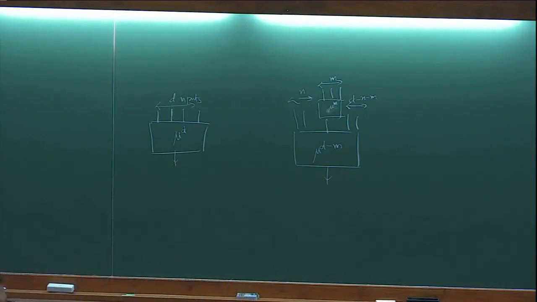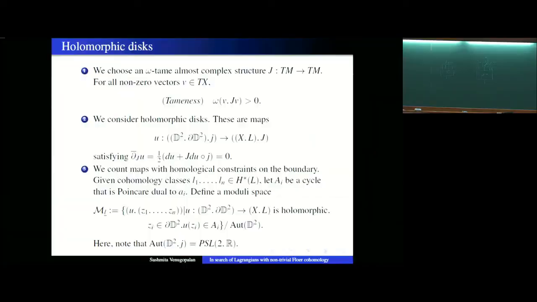Okay, now I go back to the symplectic manifold. So what we have here is a symplectic manifold, and in order to define holomorphic disks, I need an almost complex structure. So I choose an omega-tame almost complex structure. Tameness essentially means that for any non-zero vector, I have a positivity condition.